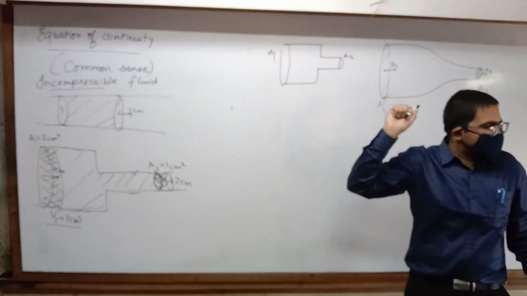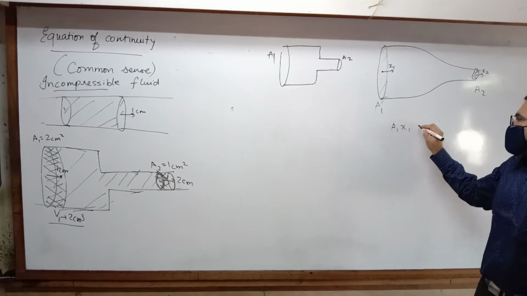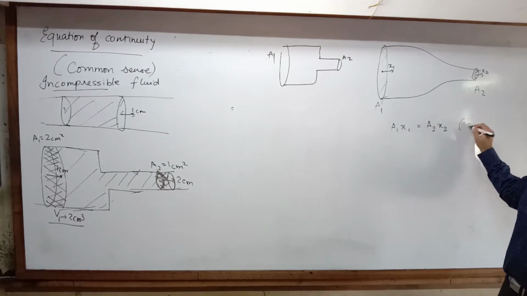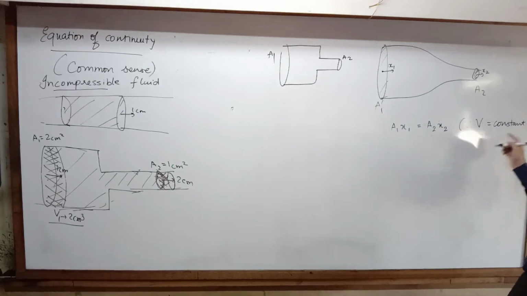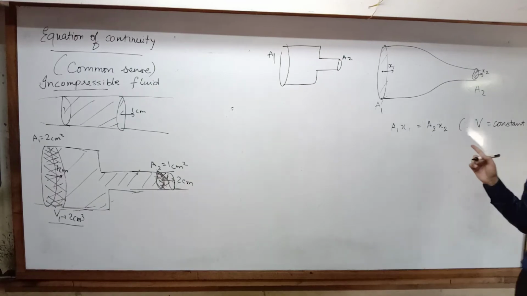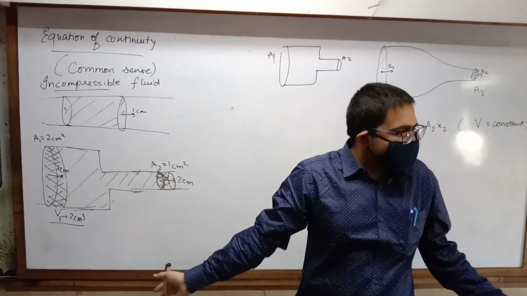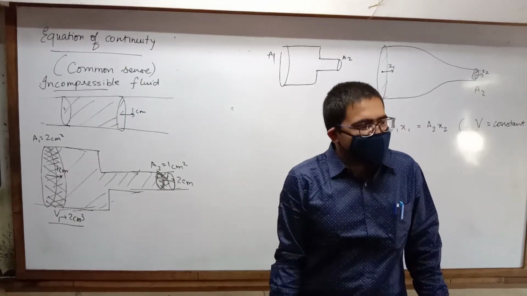Now with symbols, do you agree that A1 x1 should be equal to A2 x2? Why is it so? Because volume should be the same. Sure? So this is the equation of continuity. Right? This is called equation of continuity.